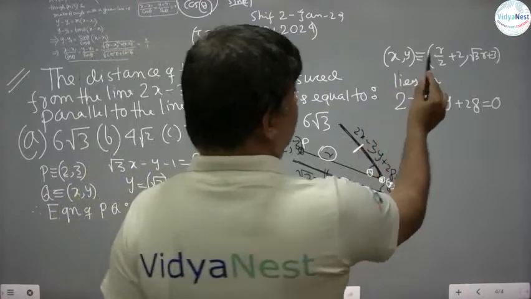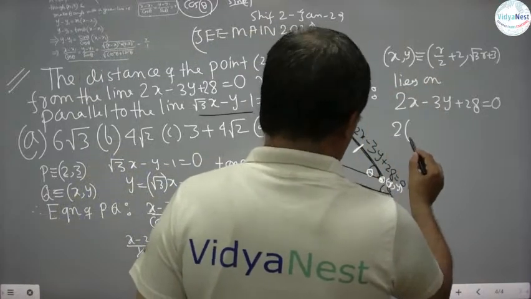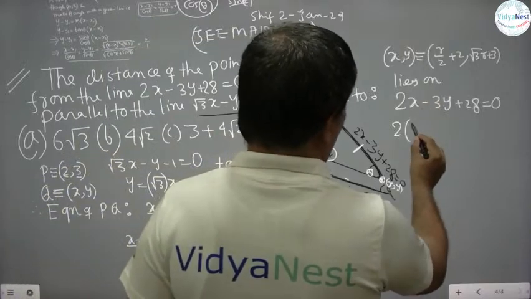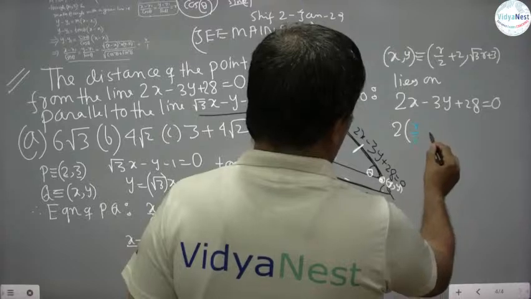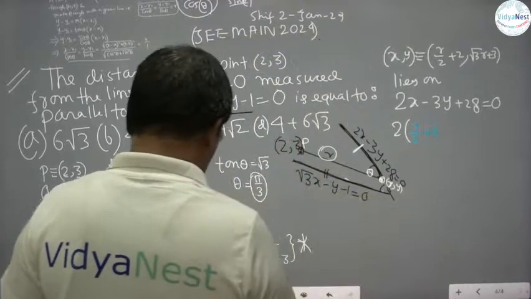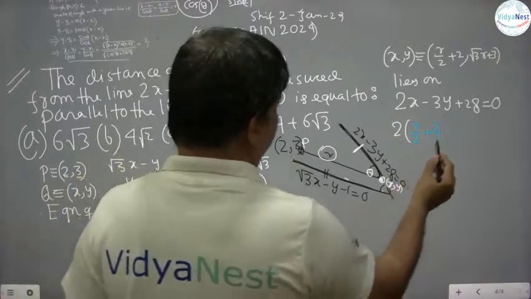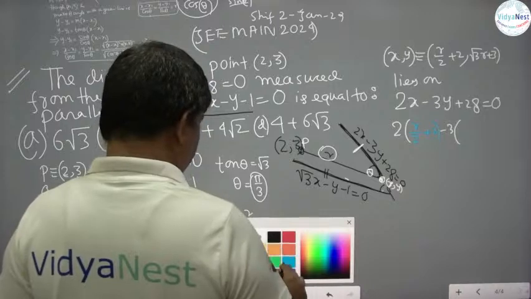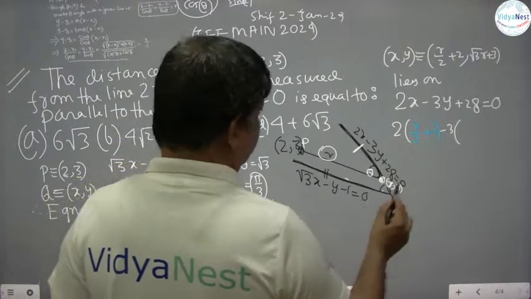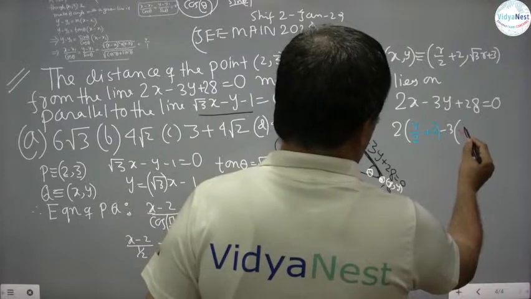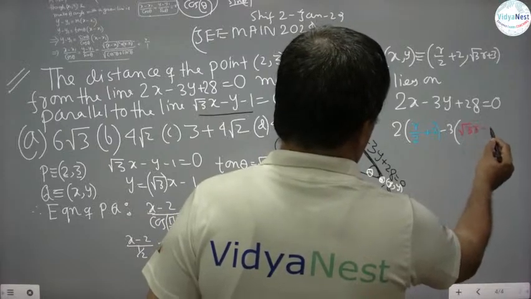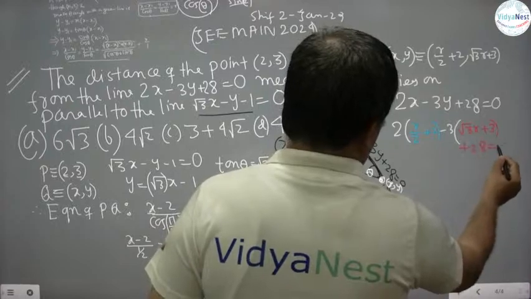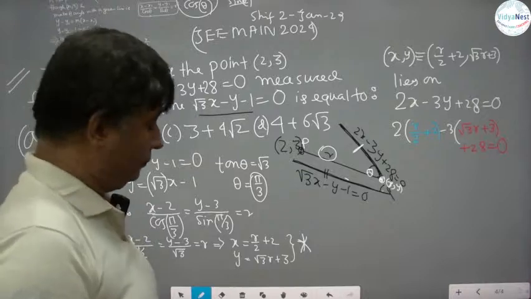What is x? 2 times, minus 3 times, is equal to 0. Okay.